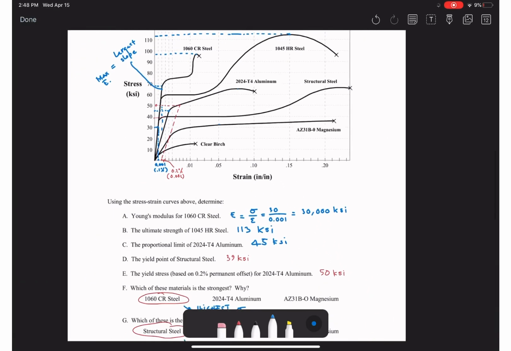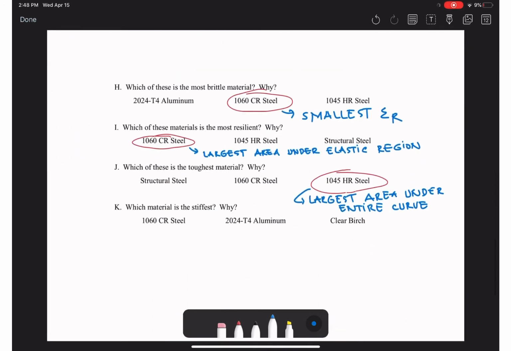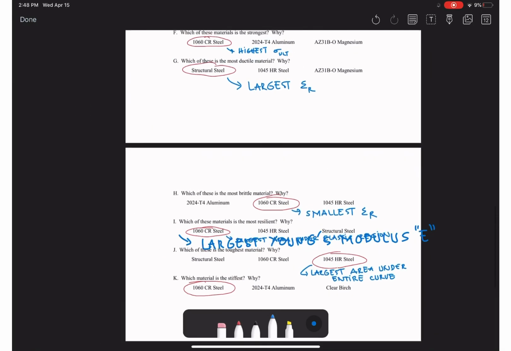So definitely the answer will be structural steel, because it has the greatest Young's modulus, or modulus of elasticity. So with that, we are done with two problems for today's class.